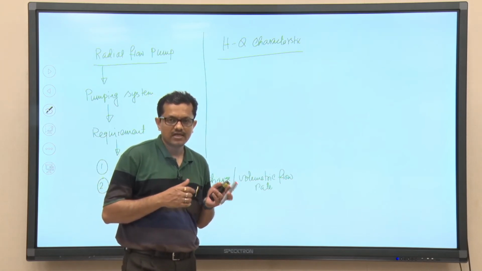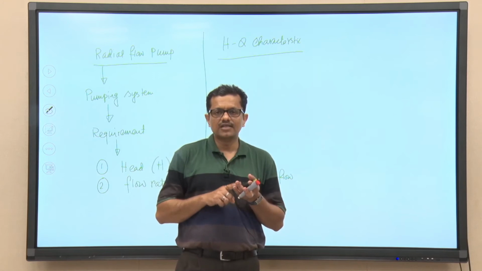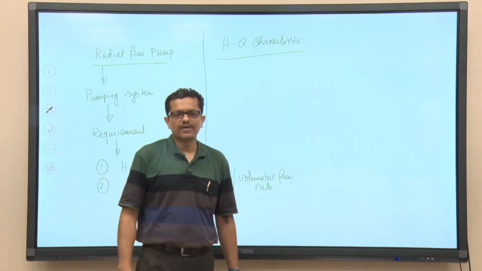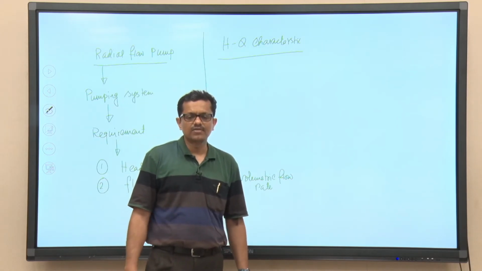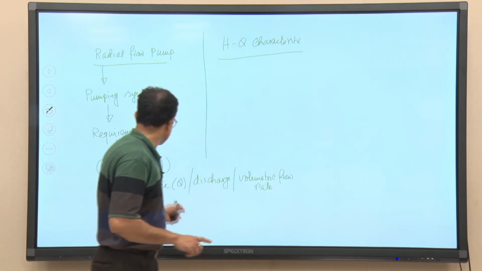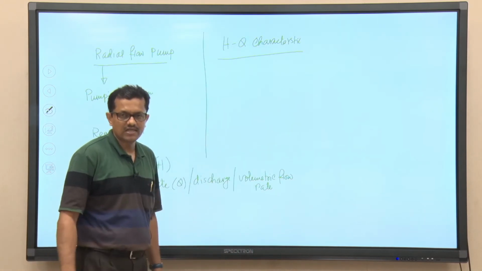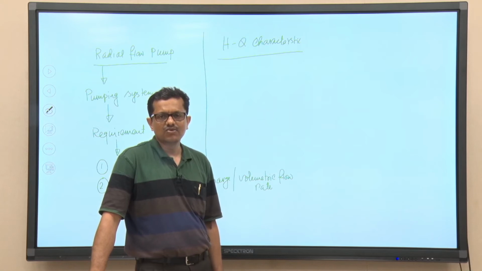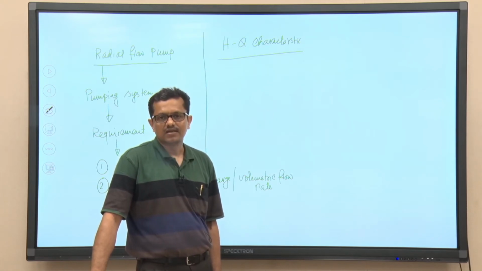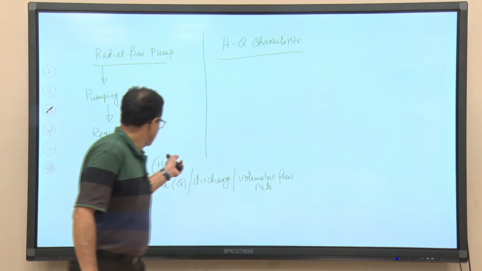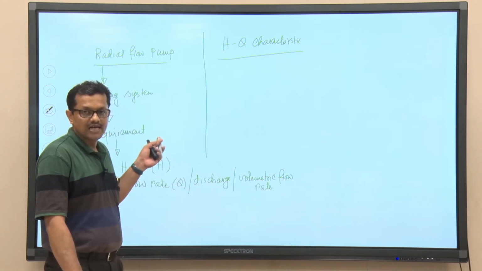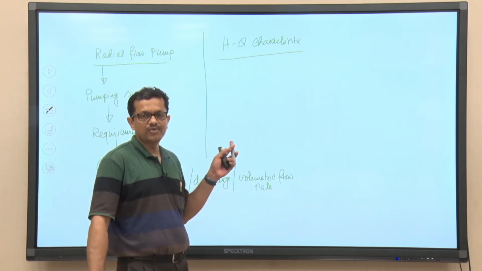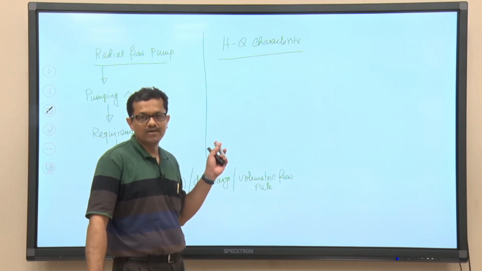So, what I have said now is that if we go to the market for procuring a particular pump, say a radial flow pump, we need to specify two quantities, that is head and flow rate. Another important quantity is there that I will discuss later in this course, that is specific speed, but these two quantities we need to mention. Now, knowing the head and flow rate, the pump supplier will be in a position to select which pump should be able to meet the demand.